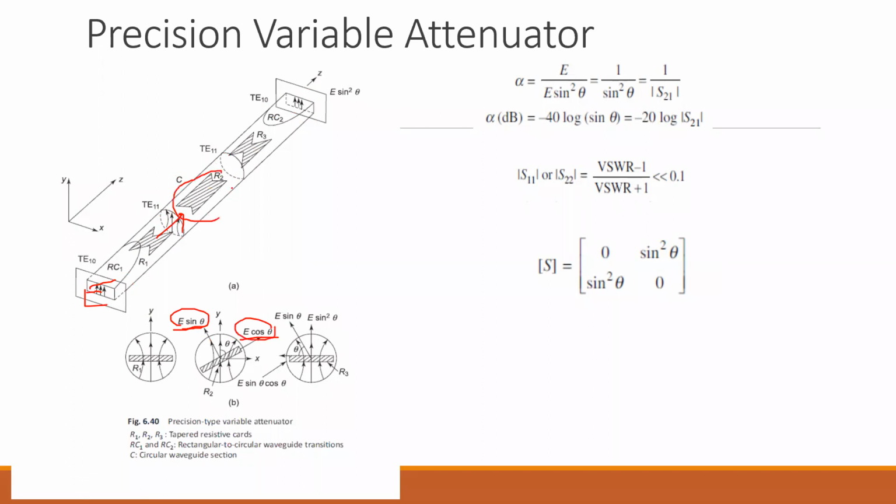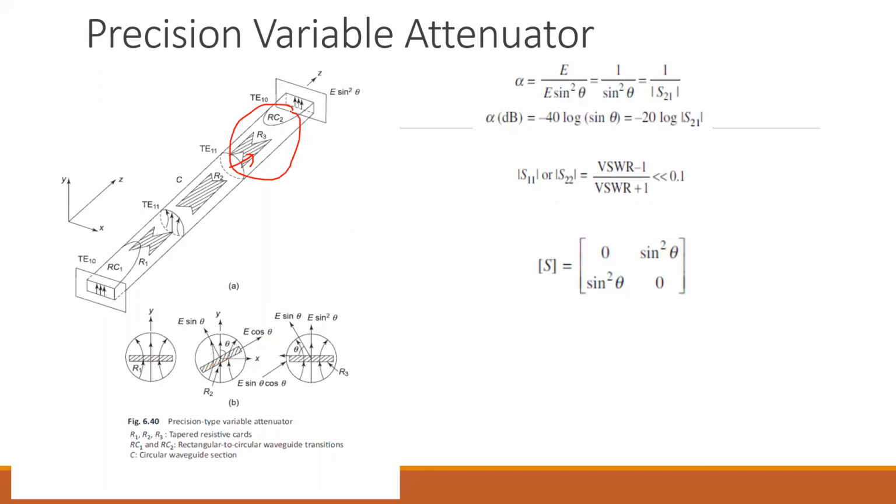Depending on the angle at which this is oriented, and we can rotate this, it will reduce one of the components, either the sine theta component or the cos theta component. Since the overall electric field is the vector quantity of these two parameters, if one of them is reduced, it is natural that the total electric field will also be reduced, which will be available at the other end.